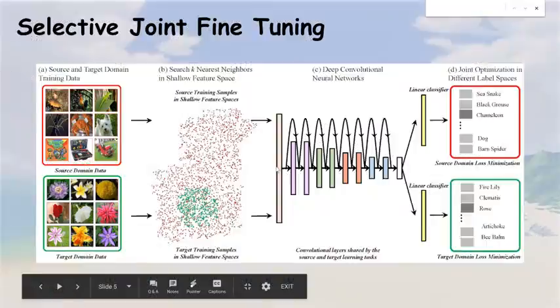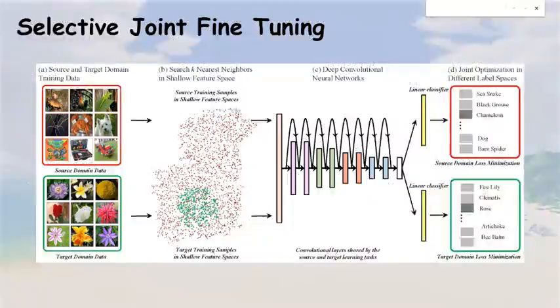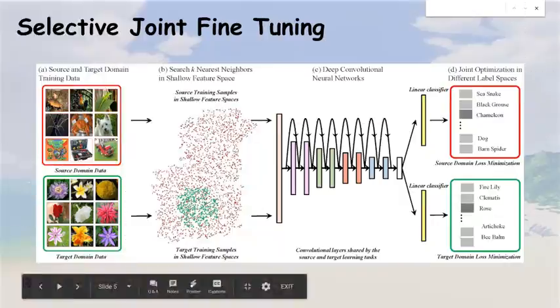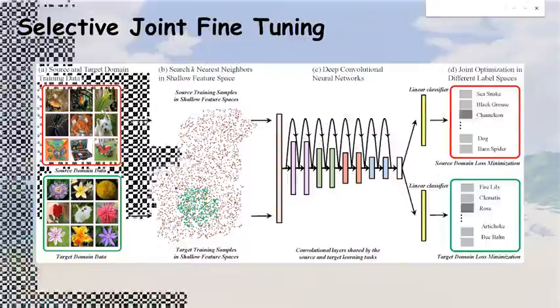So now that we've covered joint fine-tuning, we can cover selective joint fine-tuning. The selective part is mostly the contribution of this research, and what they're doing is on the left-hand side of the slide. They have a source domain, and you can see there's things like dogs, lizards, tools, so forth, and then a target domain, which is different species of flowers.